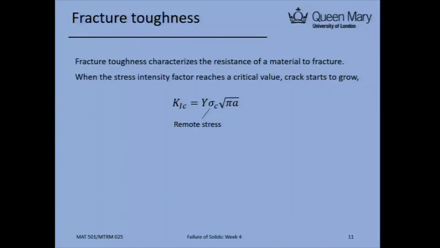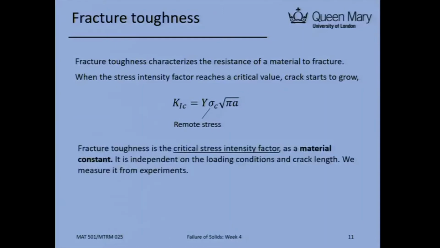If you look here, this equation is similar to the stress intensity factor. The only difference is that now the remote stress has a critical value at which the material will crack. That's the definition, so it's called a material constant.